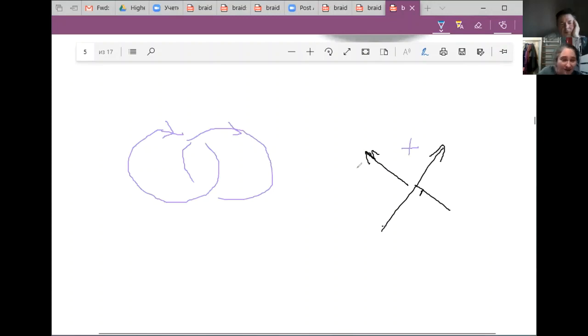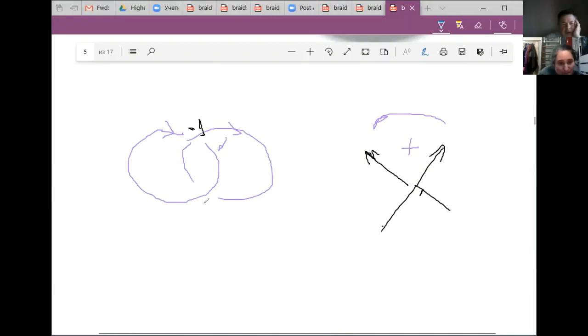Overcrossing goes to undercrossing in positive direction. So what do you see? Please mark this: -1, because we are going in the opposite direction, right?